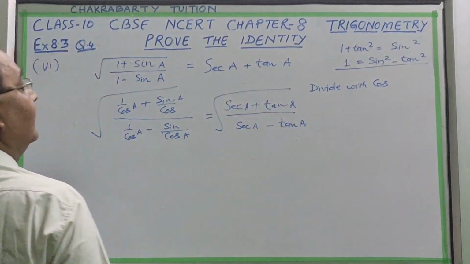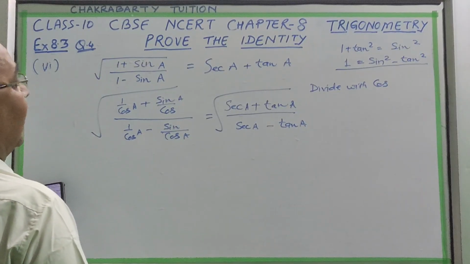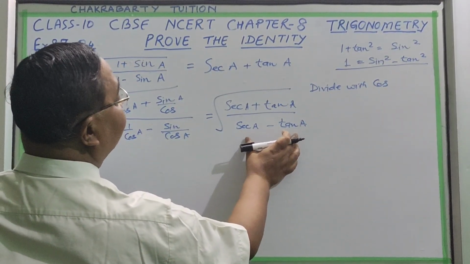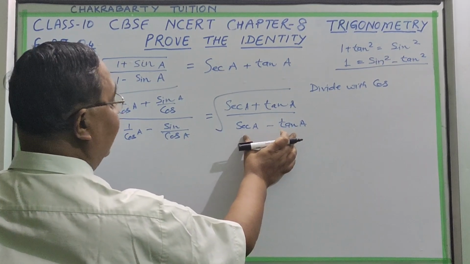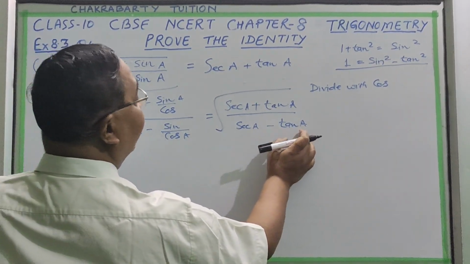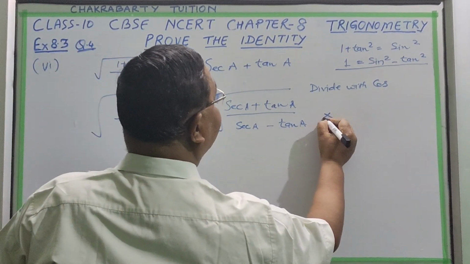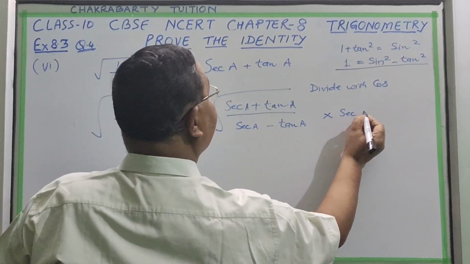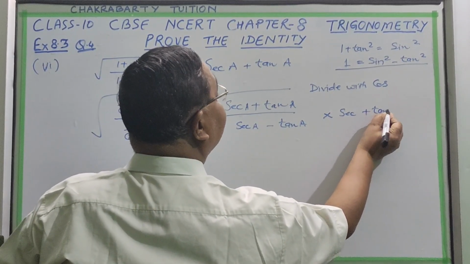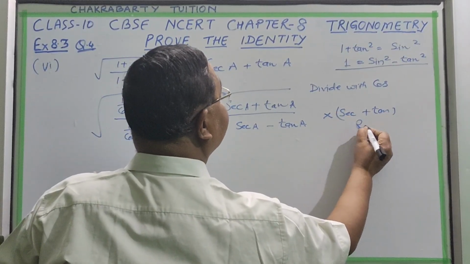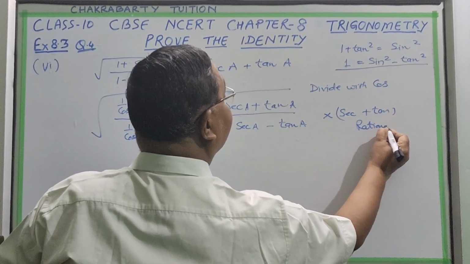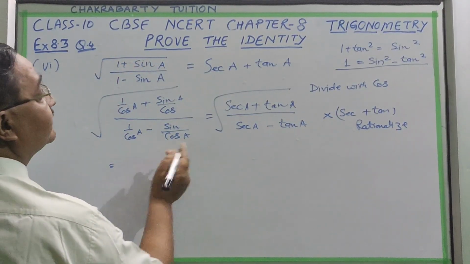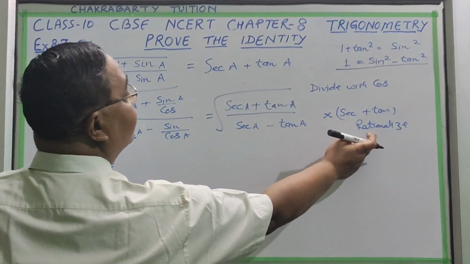Now we have to make it short, so better we will rationalize it. Rationalize means we will multiply it with sec plus tan. This is known as rationalization.